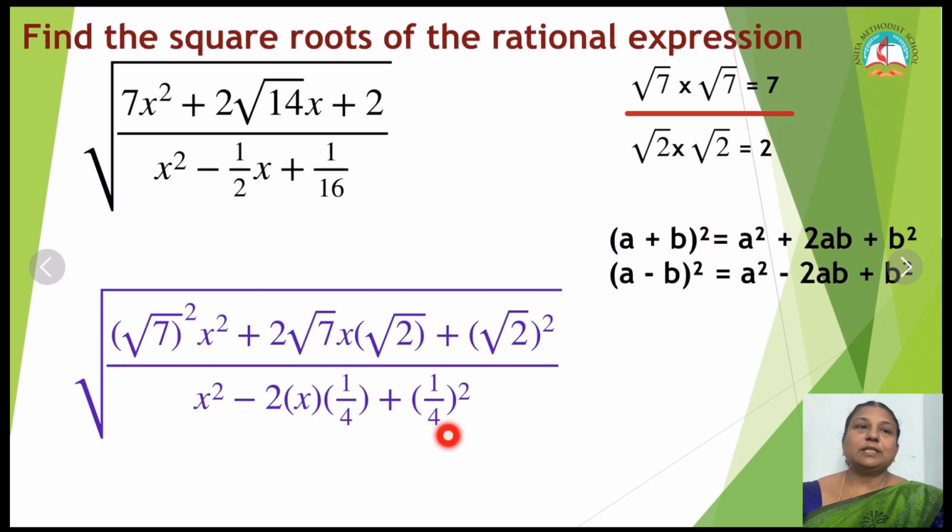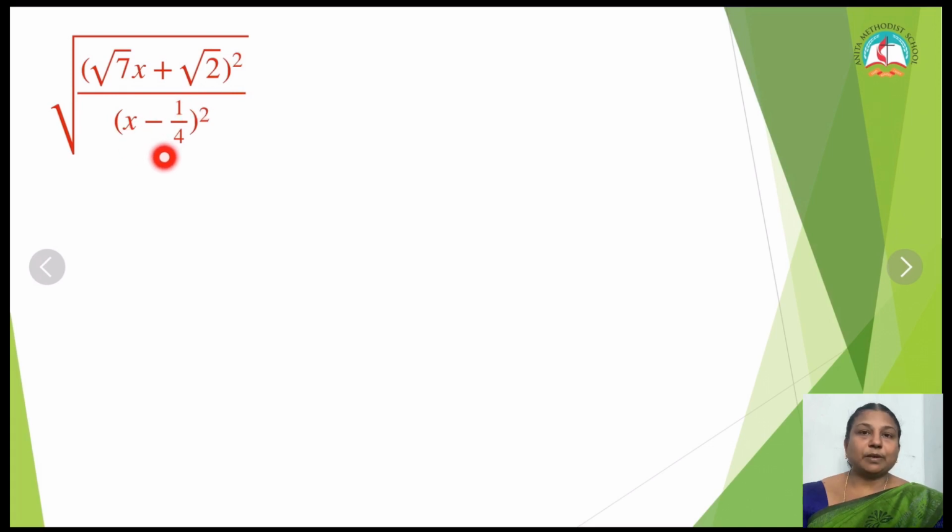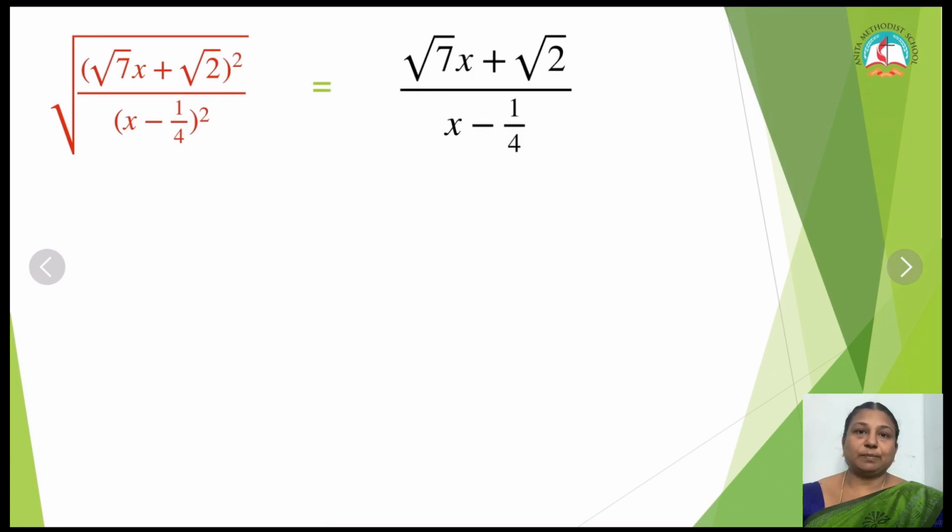Okay children, this is in the form of these two algebraic expressions. So we have expanded this, and you can write it like this. Then you will get square root of (root 7x plus root 2) whole squared divided by (x minus 1 by 4) whole squared. The square root and square get cancelled. So you will get root 7x plus root 2 divided by x minus 1 by 4.